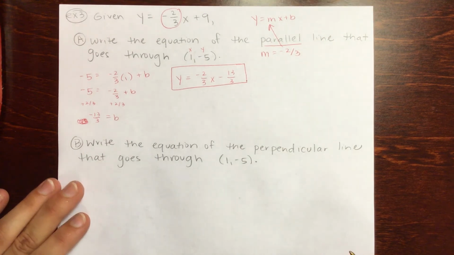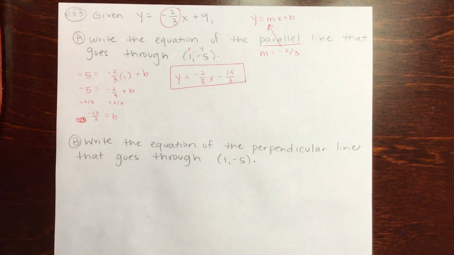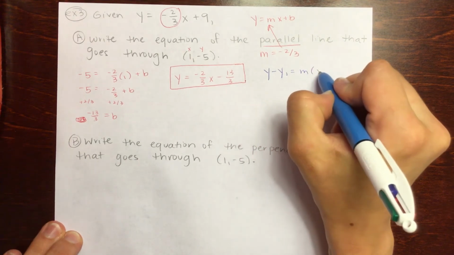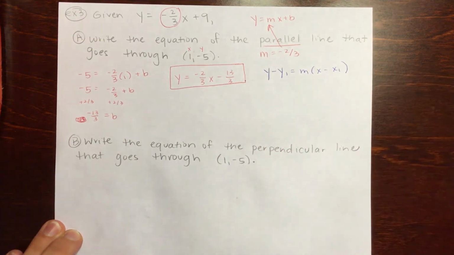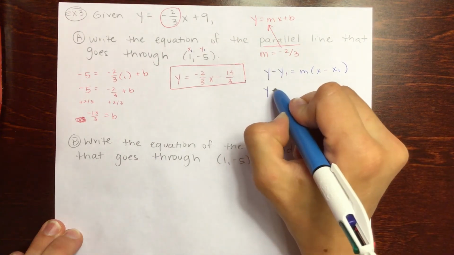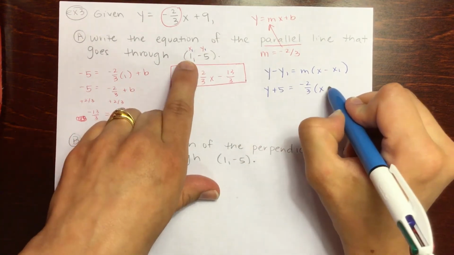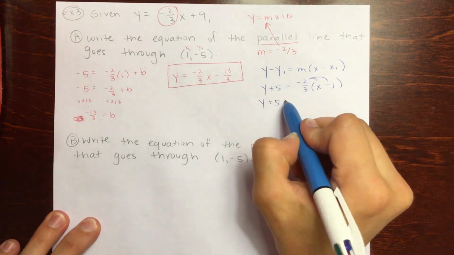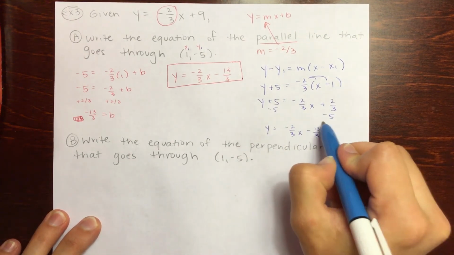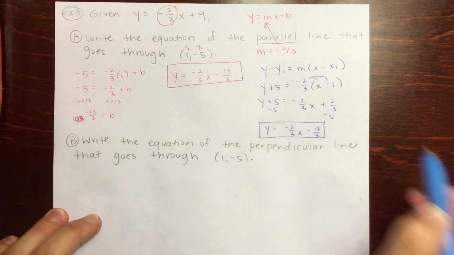Or if you don't like that format, remember you can use point slope form. And this would be your x1 and y1. You get the same answer, it's just preference.